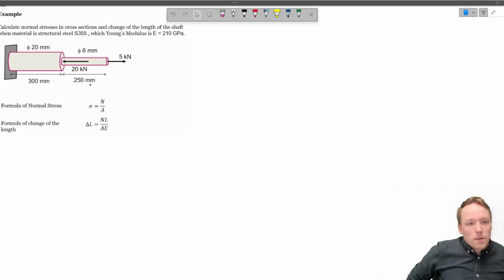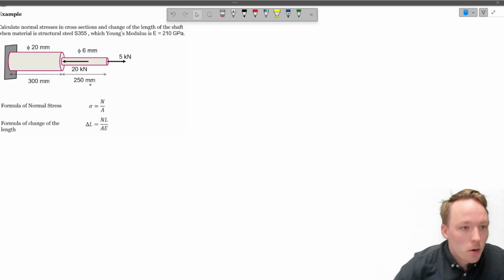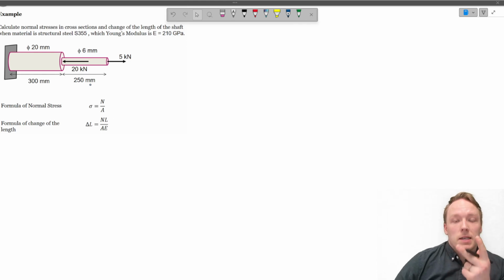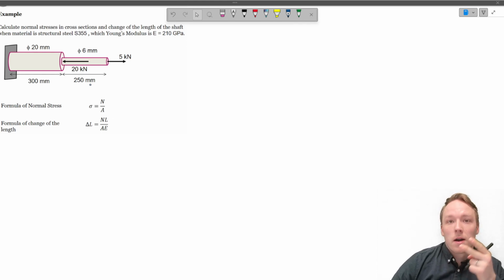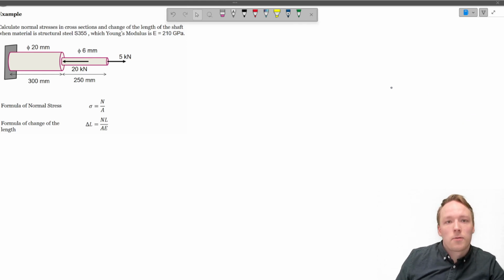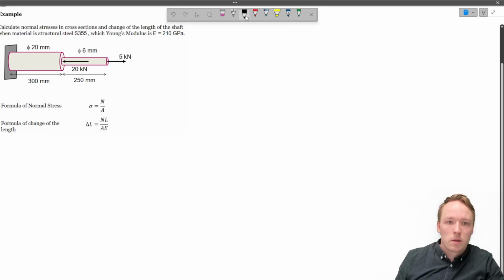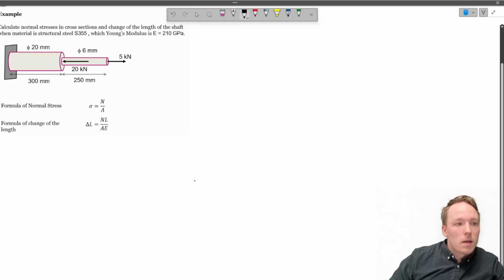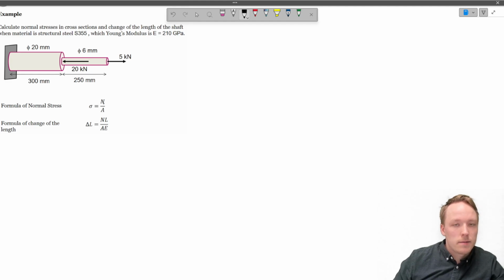Now for this calculation we are going to need two basic formulas, which are both included in the set of formulas available on Moodle. We need the formula for normal stress: sigma equals N, the normal force, divided by the cross-section area.